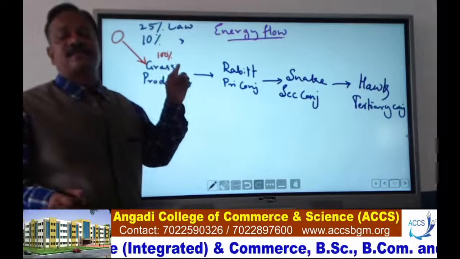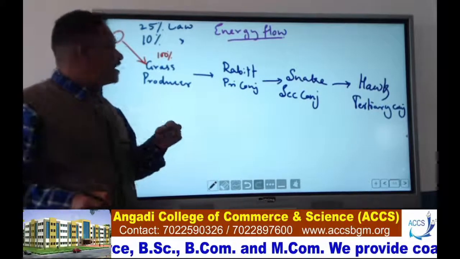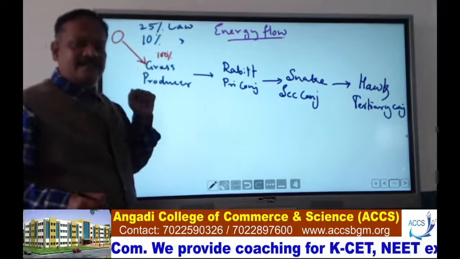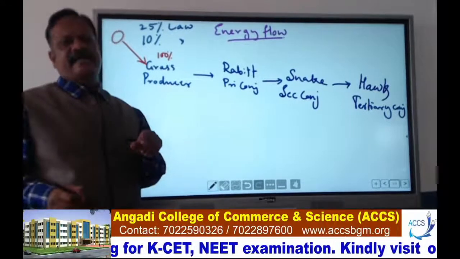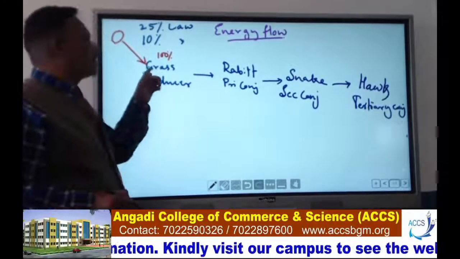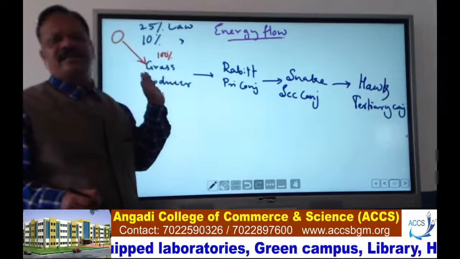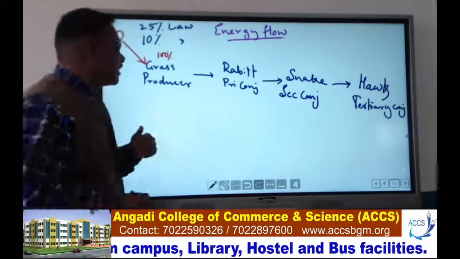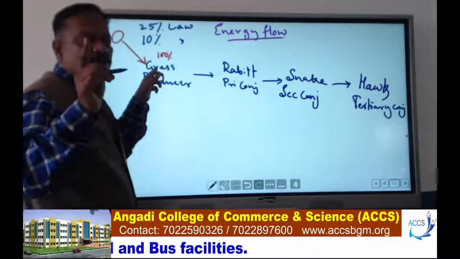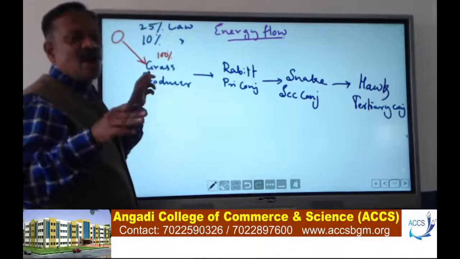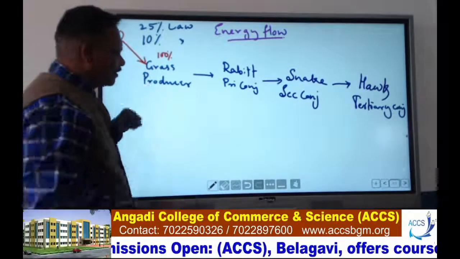And out of this 100%, 25% energy is utilized for the activity of the grass, that is transpiration, respiration and other things. For that purpose it is utilizing 25%, and it is lost in the form of heat.